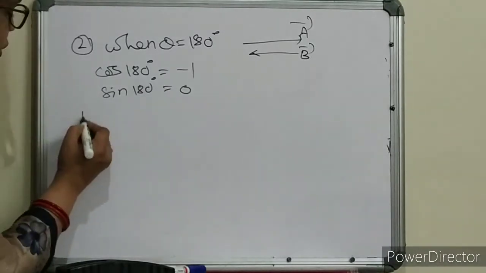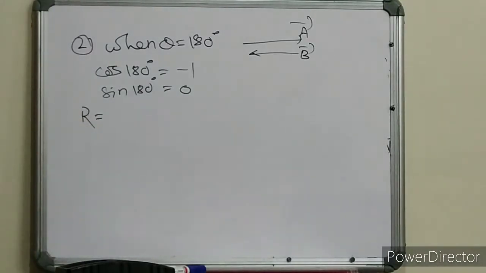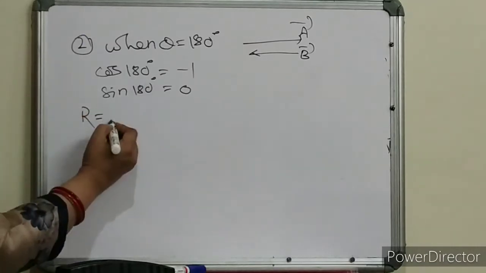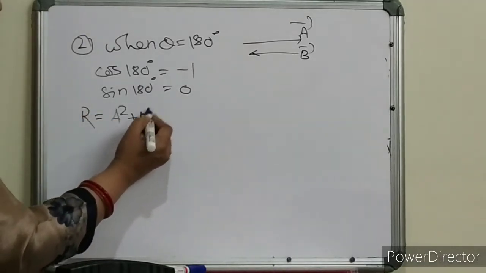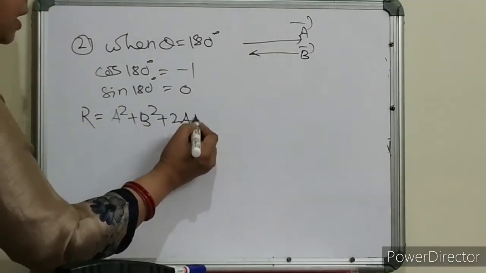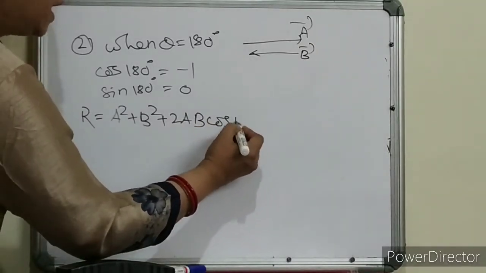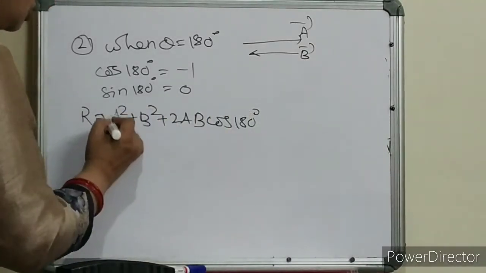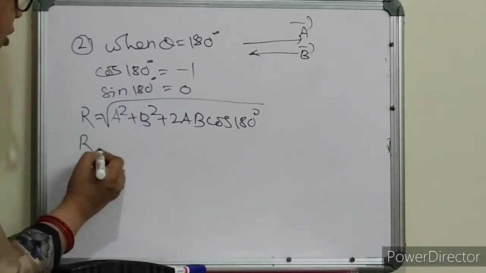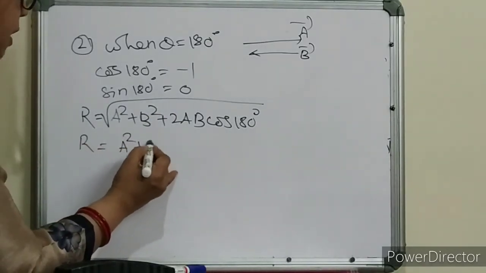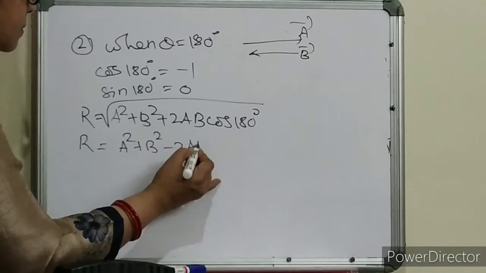So now we'll put it. R is equal to how much? R is equal to the square root of a square plus b square plus 2ab cos 180. So R is equal to the square root of a square plus b square minus 2ab.